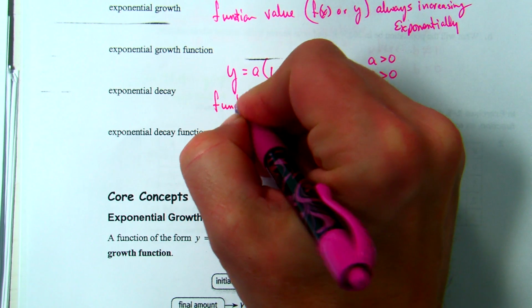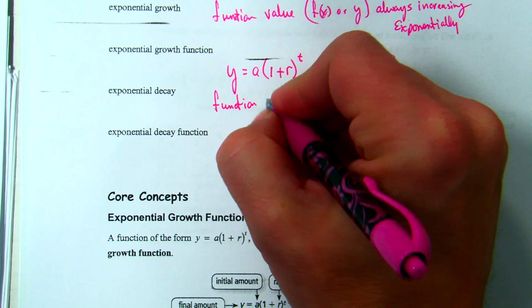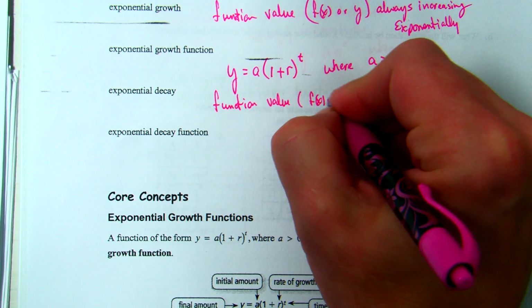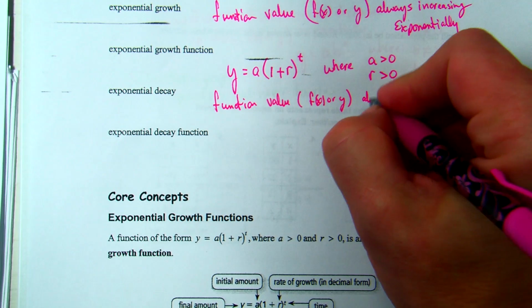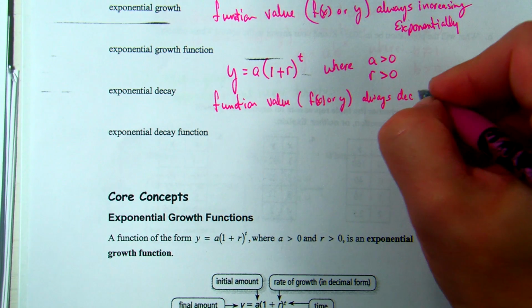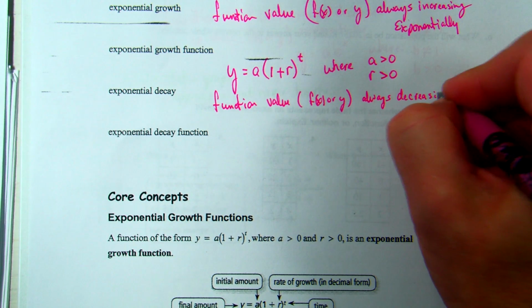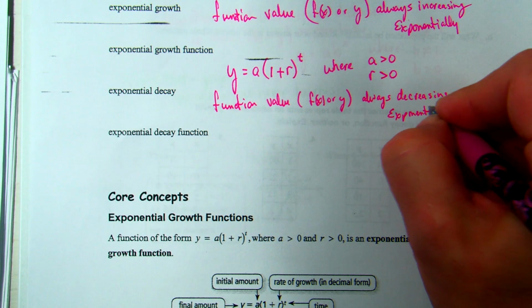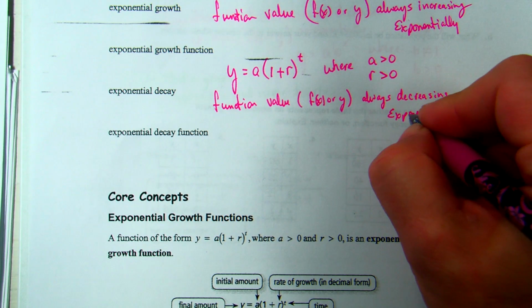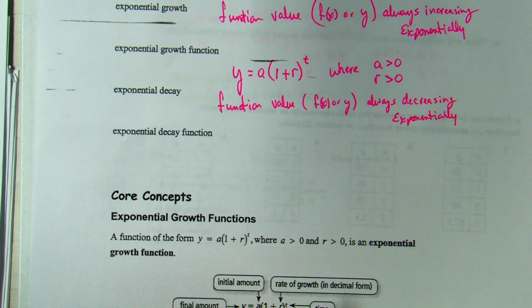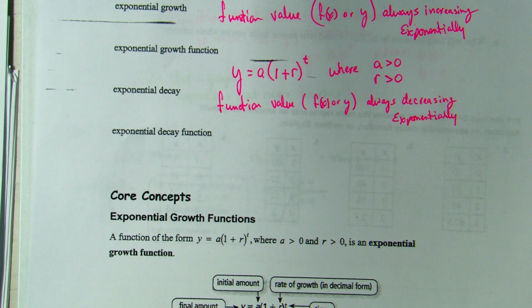It is a function value where you have f of x or y that's always decreasing exponentially. So again, it's going to have to be not a constant rate of change. It's going to have to be decreasing exponentially.